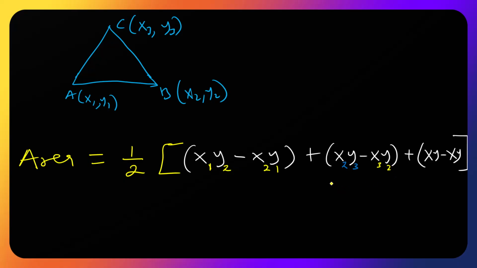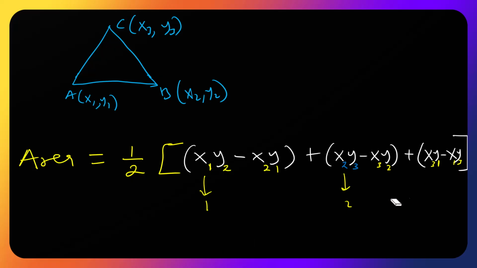Then x1 here and 2 here, so definitely this side will be the third one, x3. And since we don't have 4, we move on to 1. So 3, 1. Then this side will be the opposite, 1, 3. So that means x1, y3.